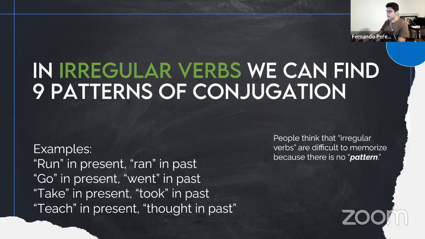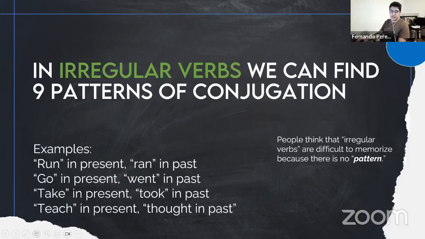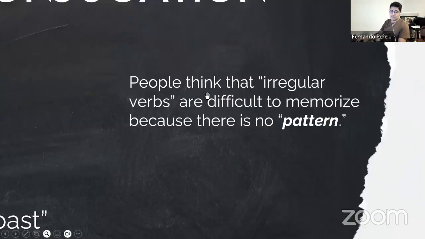People think that irregular verbs are difficult to memorize because there is no pattern. Surprise, surprise. Technically, there is a pattern.